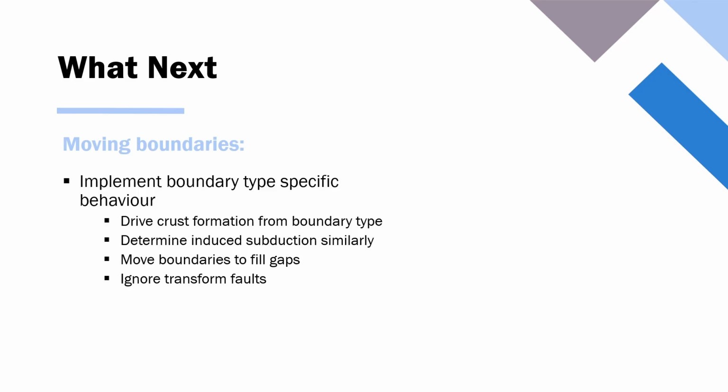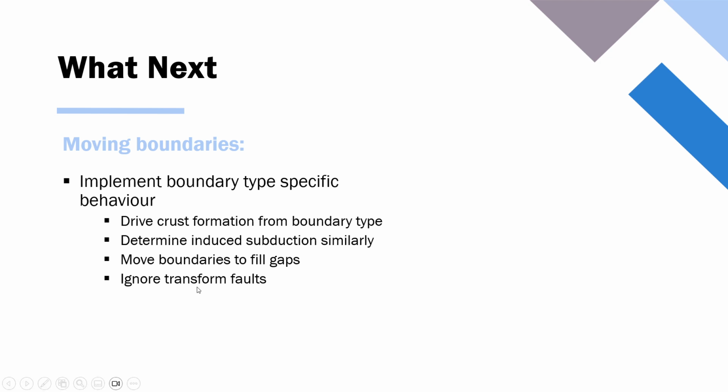So both the plate that was moving parallel and the one that was moving perpendicular would have fresh crust forming along that boundary, and the join between them would move with about half the speed of the diverging plate. So we need to make the boundaries move to do that.